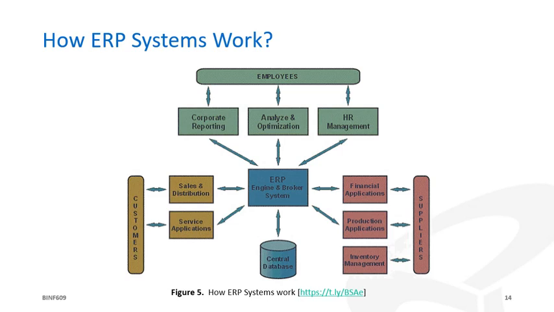The main idea behind data integration is that clean data can be entered once into the system and then reused across all applications. So, ERP systems feature a set of integrated software modules and a central database that enables data to be shared by many different business processes and functional areas throughout the enterprise.